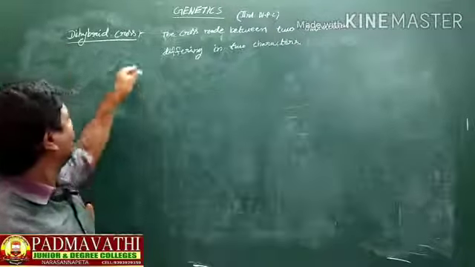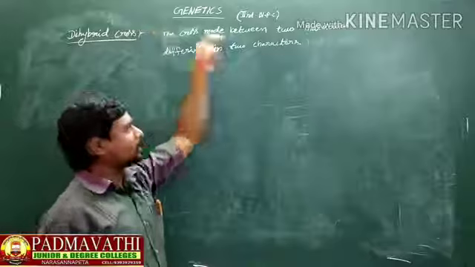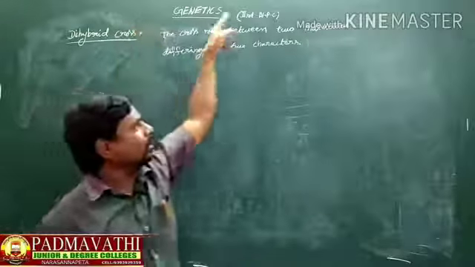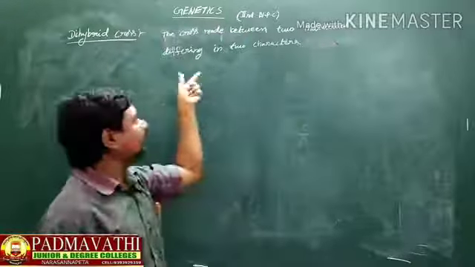So, this is the dihybrid cross. It is called dihybrid cross: the cross made between 2 individuals differing in 2 characters.